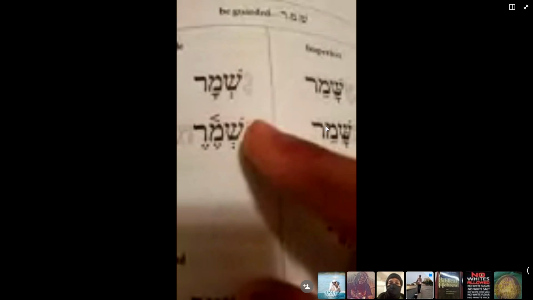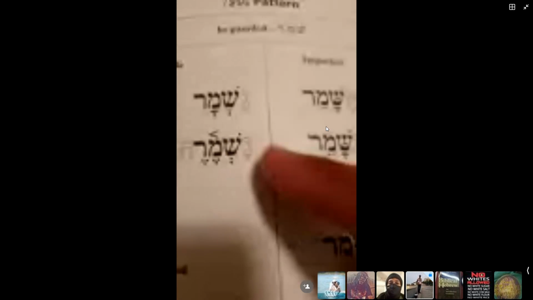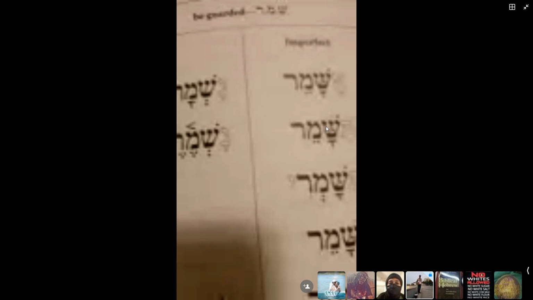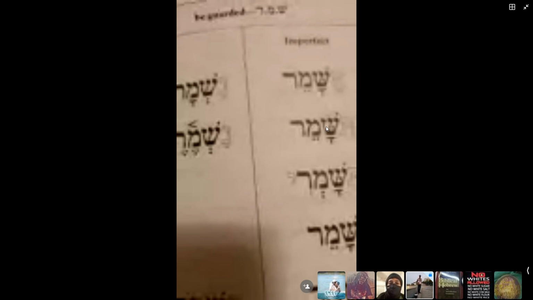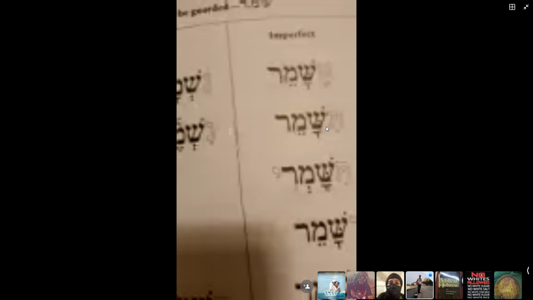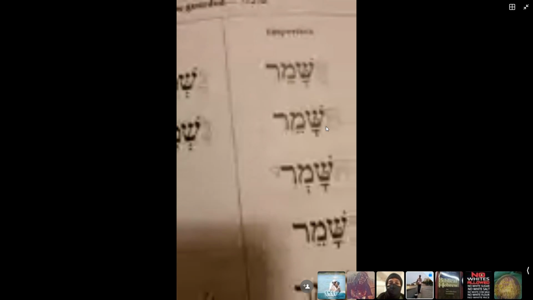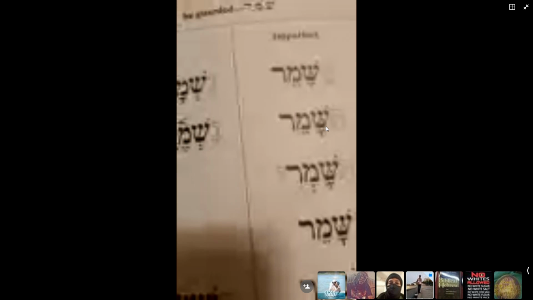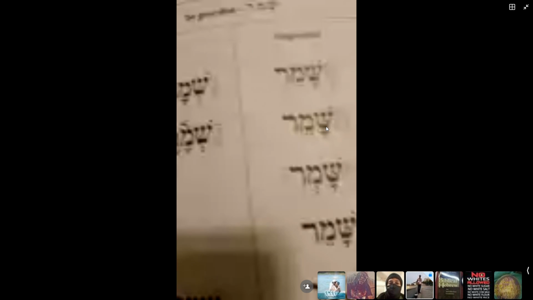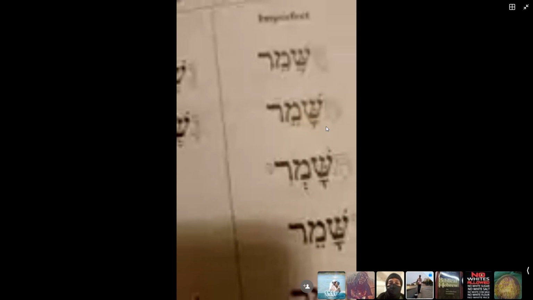So generally, how you'll know the difference when a verb is being used in the present tense is that the subject is generally identified separately. Even if you're talking about somebody in the third person, if I was saying somebody is being guarded, I would say hu nishmar, he is being guarded. But if I was saying it in the past tense, I could just say nishmar, which would be me saying he was guarded. So it all depends on how you want to say it.